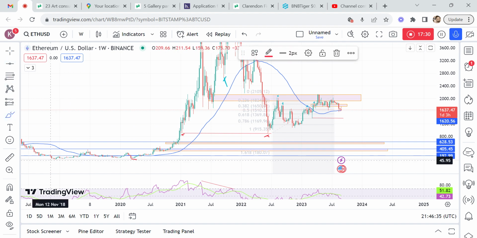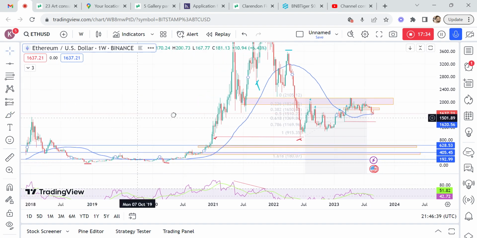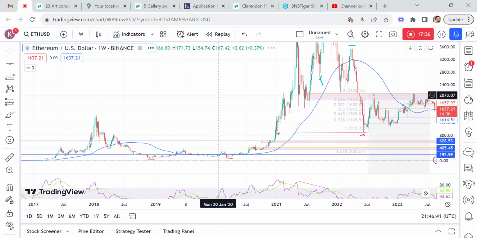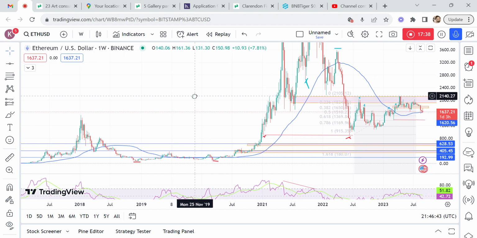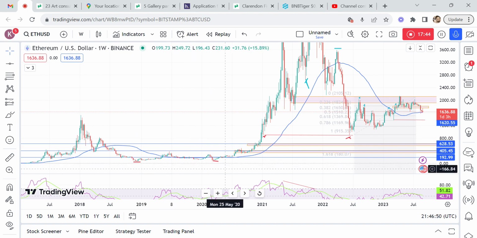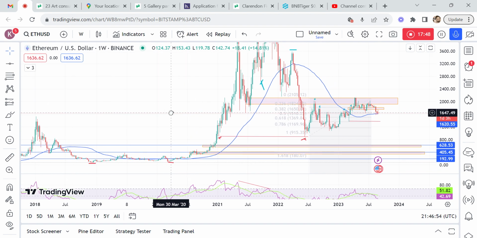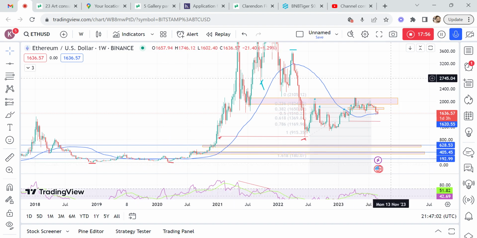So both levels are a double bottom, right? And there are stops lying below there, and I wouldn't be surprised if the market attracts these levels to clear these stops before any massive movement higher.